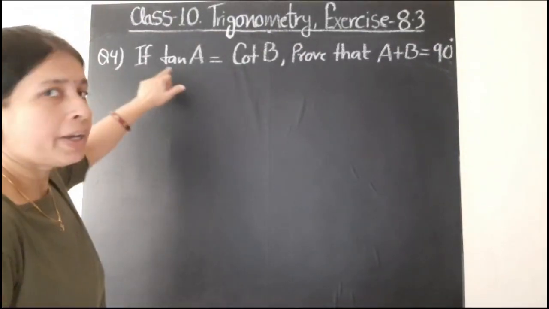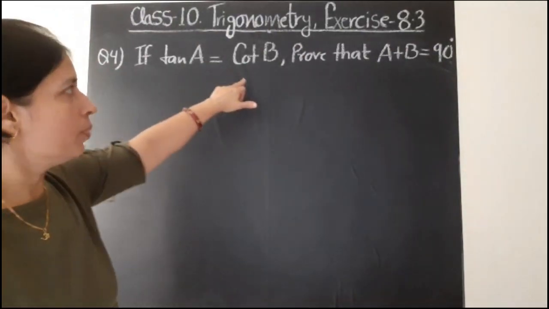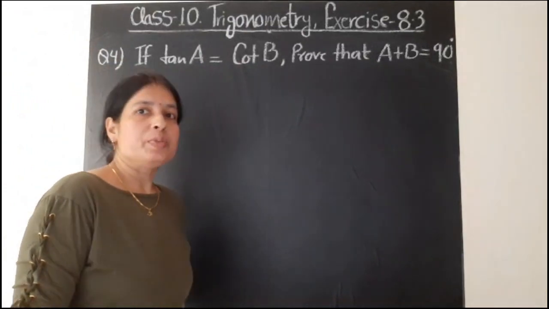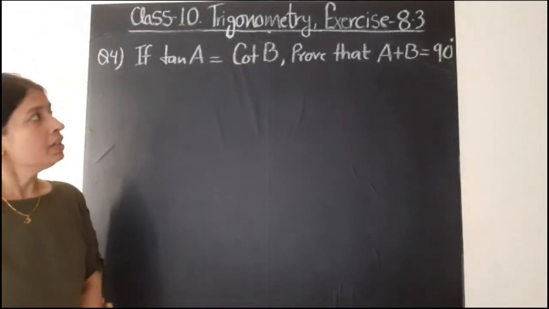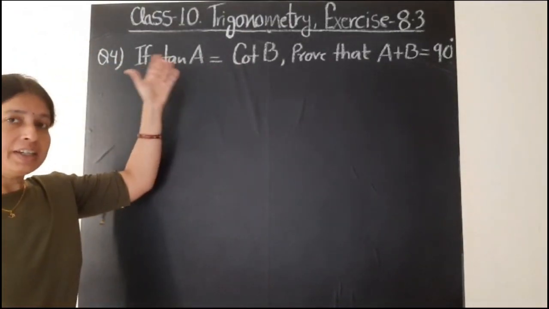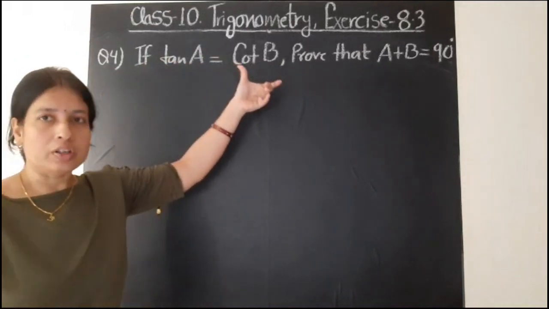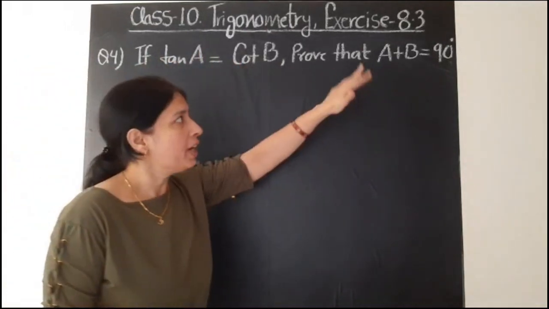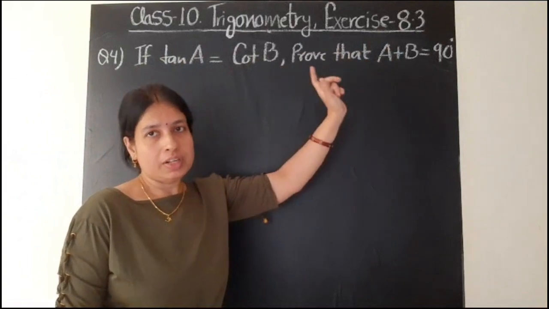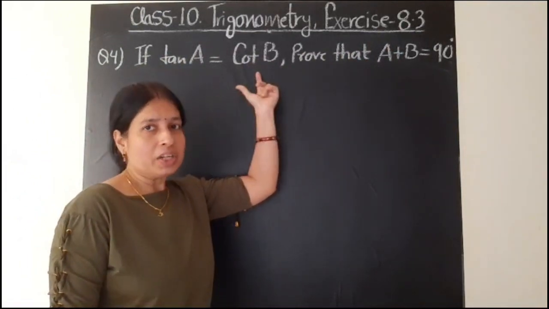It is, if tan A is equal to cot B, prove that A plus B is equal to 90 degrees. Here it is given tan A is equal to cot B, and we have to prove that A plus B is equal to 90 degrees. So first we write what is given.